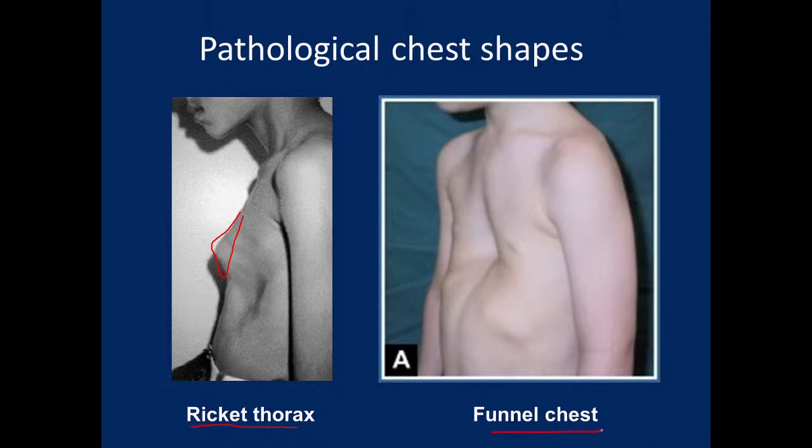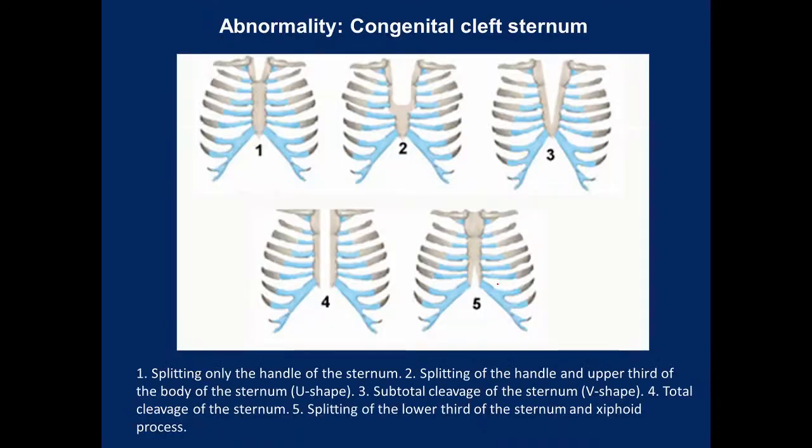And funnel chest is a pathological type of the chest when the anterior wall of the chest is concave inward, like here. So we find here the depression of the anterior side of the chest. That is a different combination of sternum or chest splitting, which is also an abnormality.